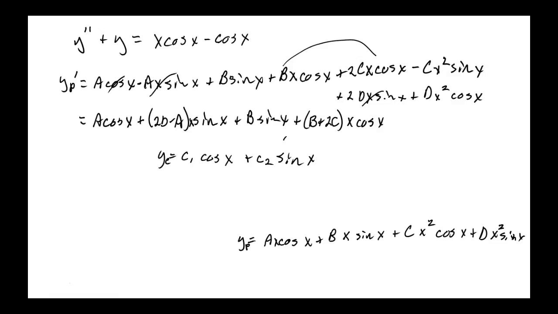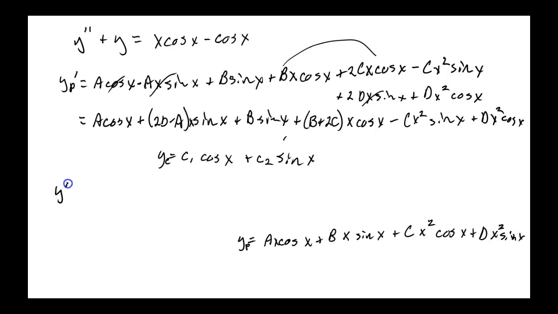And then we have our x squared terms, and can't do anything with them. Minus c x squared sine x plus d x squared cosine x. There's your y prime, simplest I can make it.